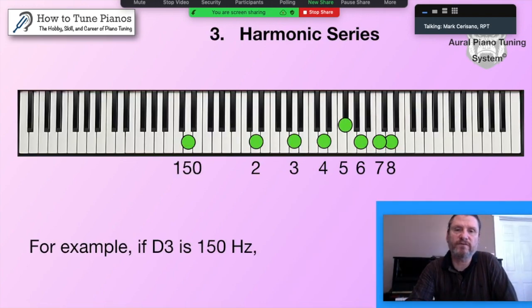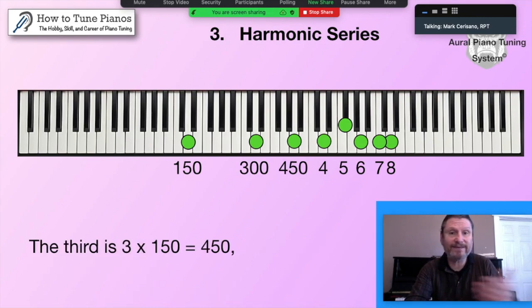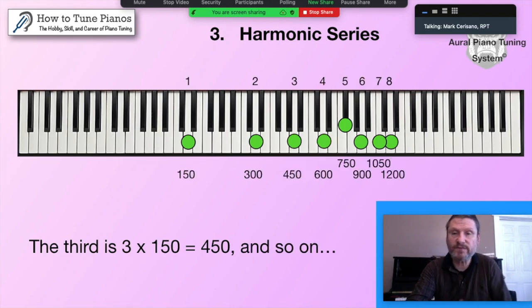So that's 150. The second harmonic will be just twice the fundamental. 150 times 2, 300. And the third, 150 times 3. And that's what you get.